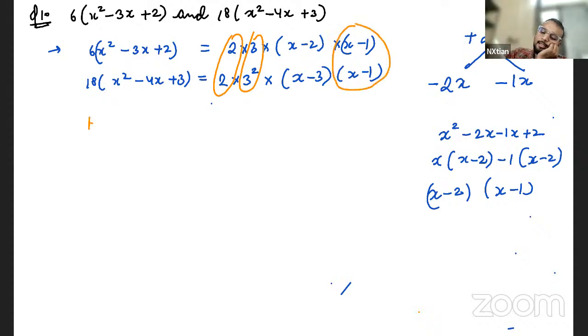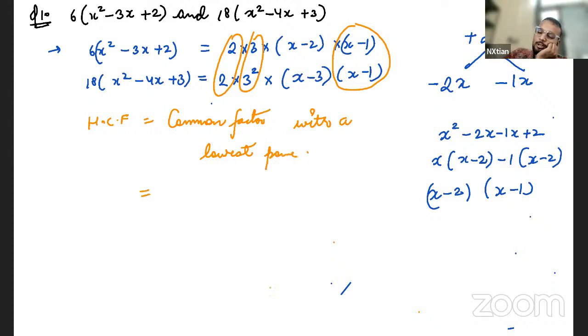Now, HCF means the common factor with the lowest power.